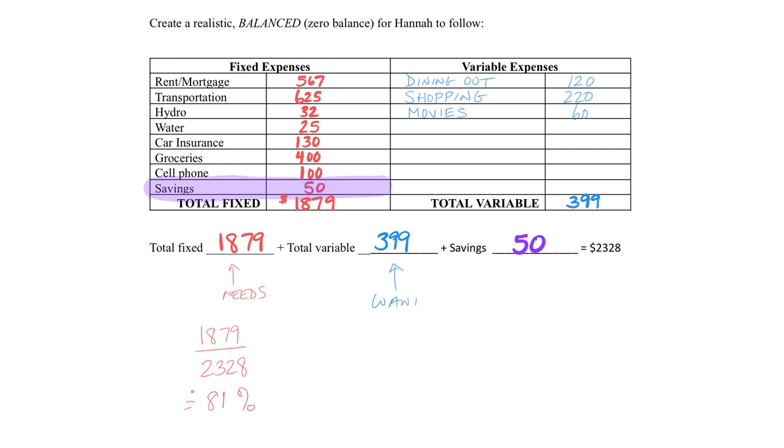If her wants are the shopping and the dining out and so on, then if we were to take that amount, $399, and divide it by 2,328, we should clearly see this is not going to be 30%. Following the same rounding rules, it's about 17%.